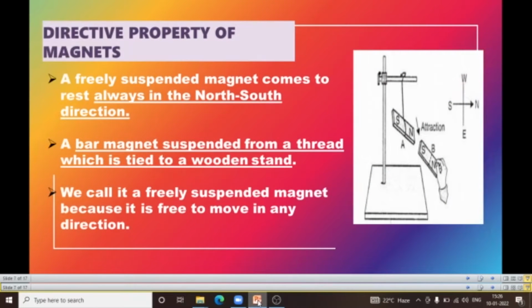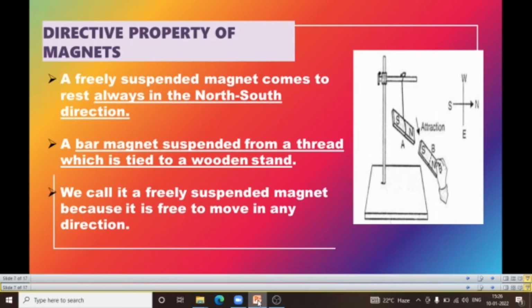First, directive property of magnets. If we consider a freely suspended magnet, what do you mean by a freely suspended magnet? A freely suspended magnet is one that can move in any direction. It is free to move in any direction, and that freely suspended magnet always rests in north-south direction.